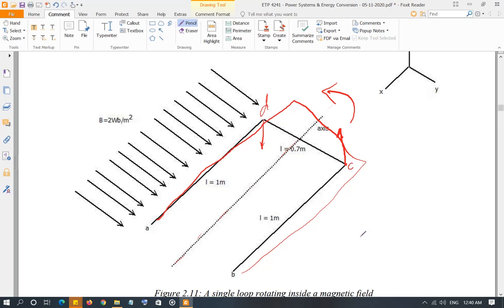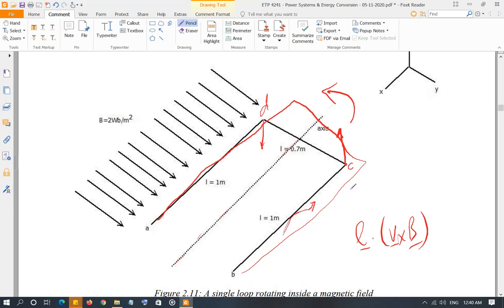L dot V cross B, on side B and C. Let's assume the current is going to flow into the page, that is from B towards side C, right?